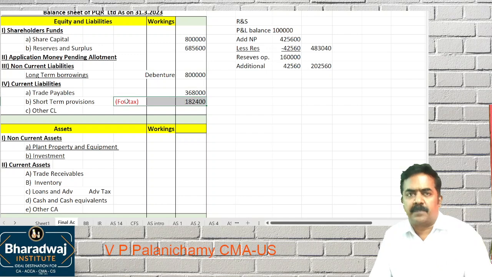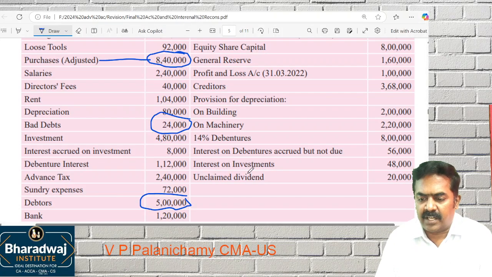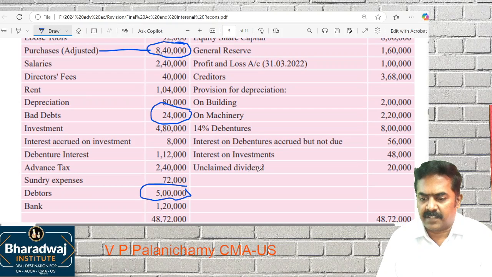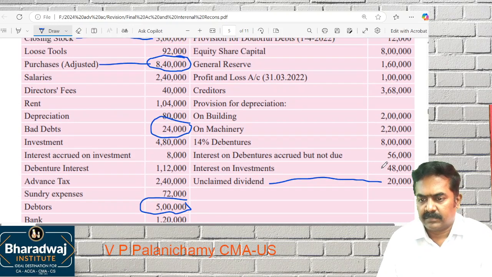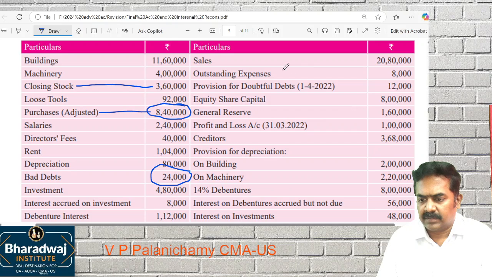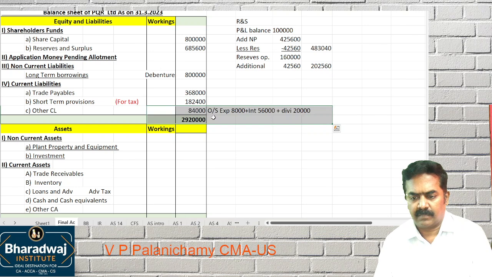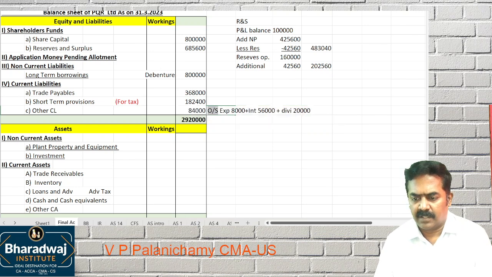All the outstanding expenses. Please remember, here outstanding expenses are given in the balance sheet itself. This unclaimed dividend will come. What else will come? This outstanding expenses also will come. Outstanding interest also will come. Then dividend also will come.